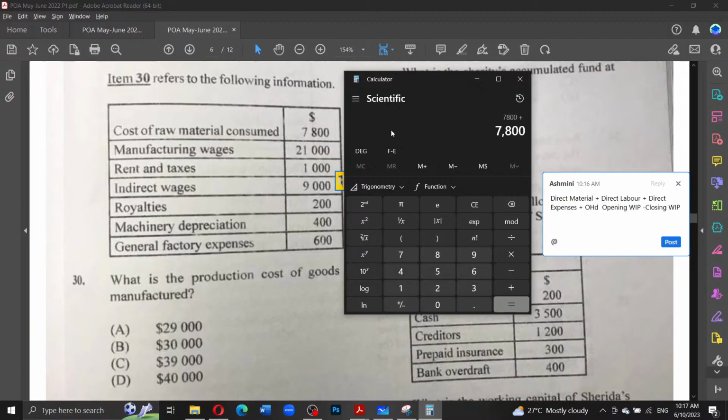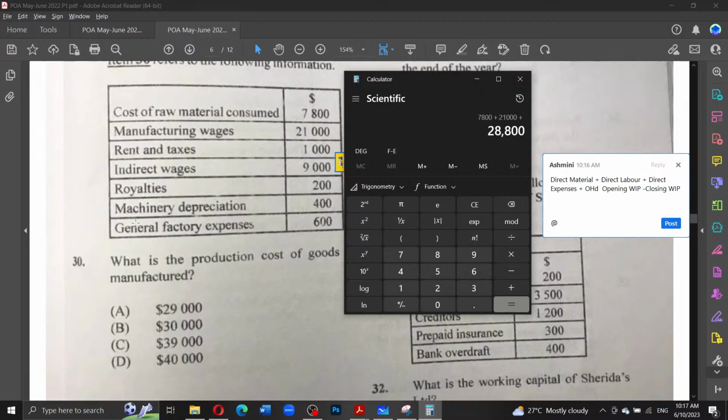Manufacturing wages is the same as direct labor, right? So 21,000. Next thing is direct expenses. One of the direct expenses will be royalties. Royalties are used directly in the manufacturing process, therefore it's considered a direct expense. Royalties is going to be 200, and this here is basically your prime cost.